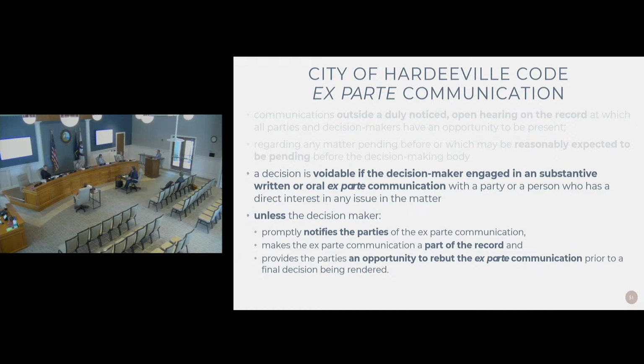Staff goes first, applicant goes second, public goes third, and then the planning commission has deliberation. Applicants are not allowed to question a single member of the planning commission. They have to direct questions to the planning commission or to the chair. Applicants can't question staff directly, things like that.